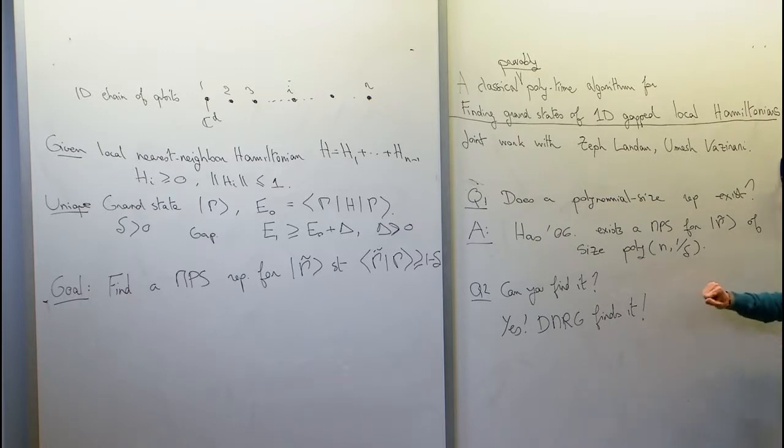showing that in some cases you can have an artificial construction of a local 1D Hamiltonian like this, such that there does exist a polynomial size matrix product state representation for the ground state. But if you could find it, then you could also efficiently factor numbers, which we don't know how to do. So presumably there are cases in which this exists, but it's hard to find.